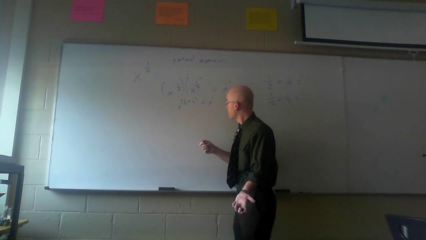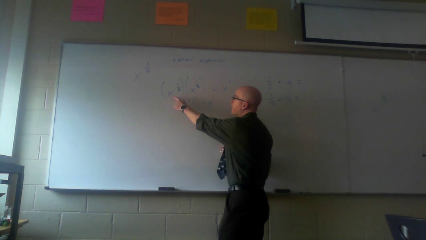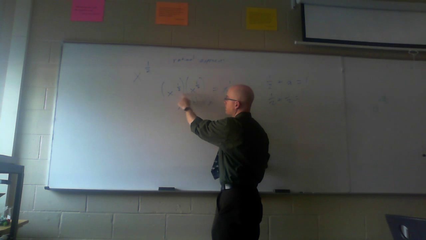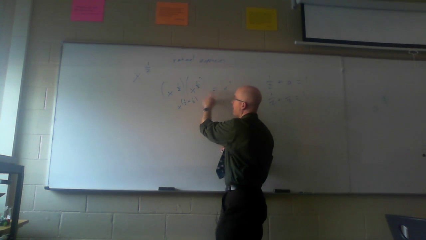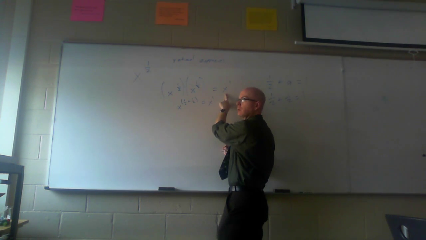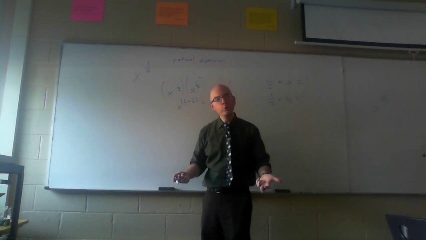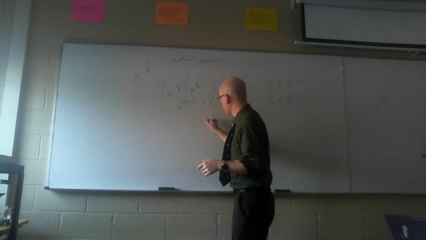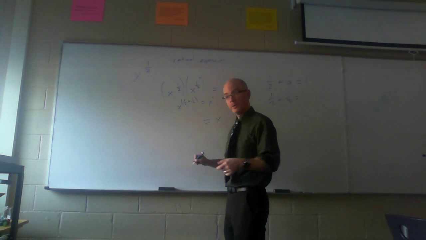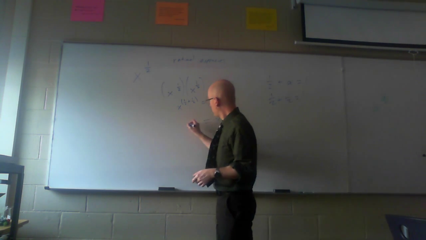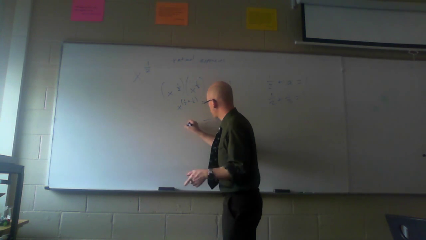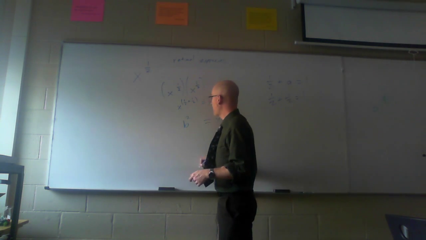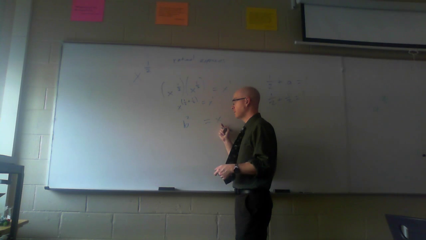Yeah? That makes sense. Think about this then. I've got two values then that when multiplied by each other equal x. What are the two numbers? What number times itself is equal to x? In other words, what number, I'll just substitute b, squared is equal to x.